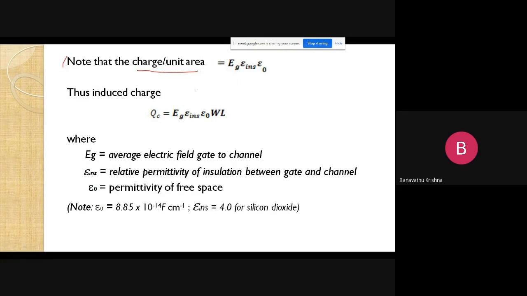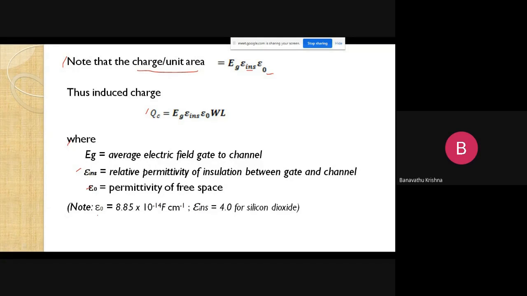Next, note that the charge per unit area, that is QC. The area is nothing but the width of the channel times the length of the channel. So the charge is QC equals EZ times epsilon insulation times epsilon naught times the area of the channel, where EZ is the average electric field from gate to channel, epsilon insulation is the relative permittivity of the insulation between gate and channel, and epsilon naught is the permittivity of free space.